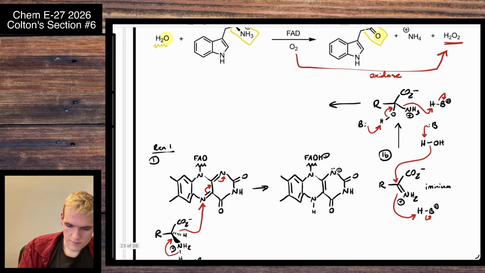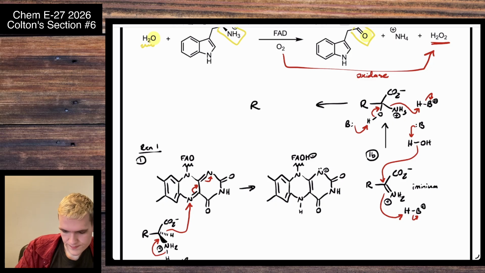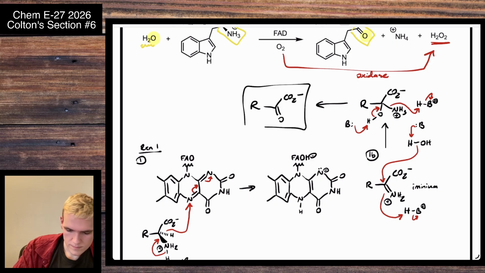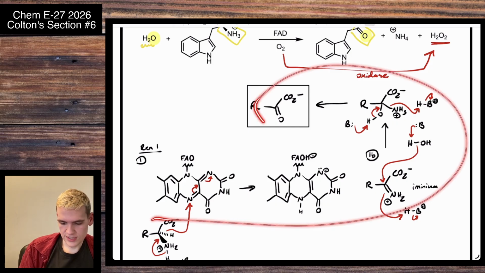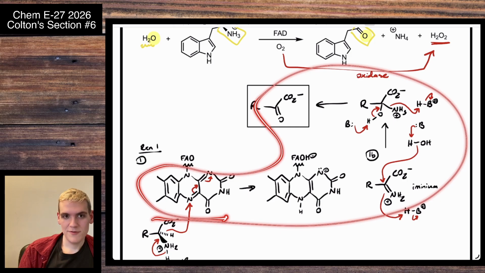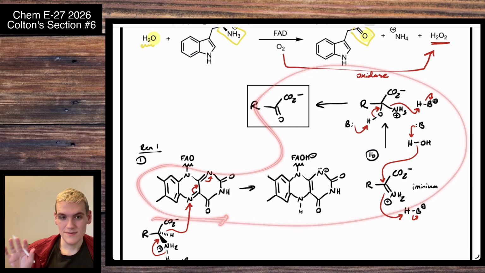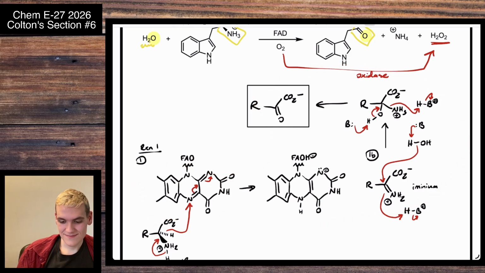And then here we generate our product. So again, if you only draw this and don't regenerate FAD, minus 15 points on the exam. No, we don't do that. You can get all the points.